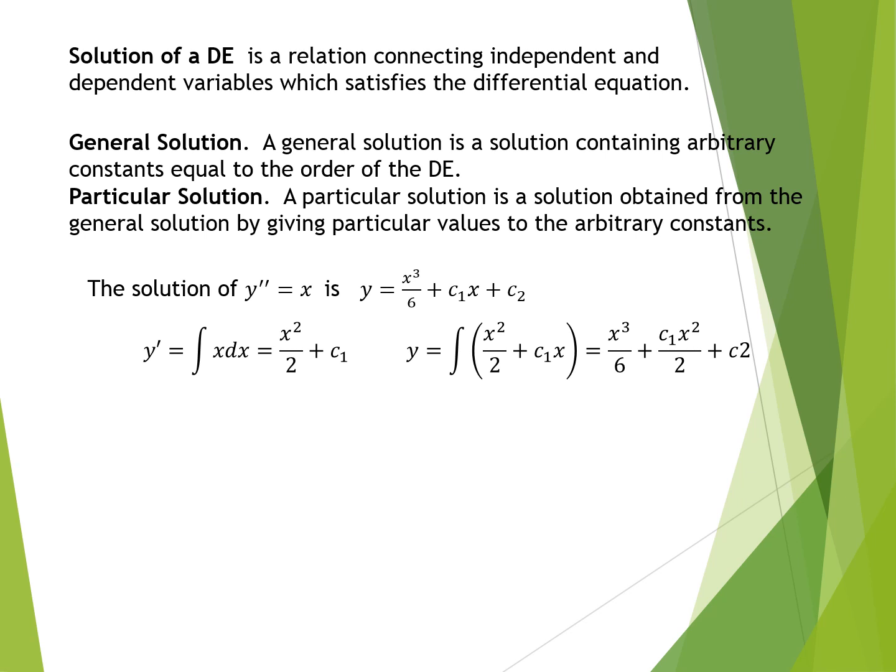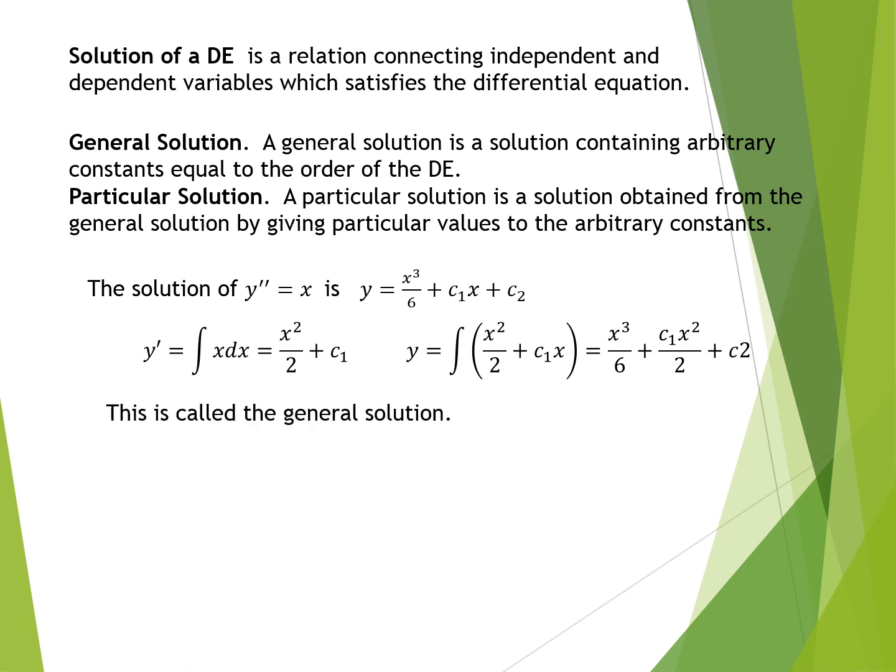Notice that c1 and c2 are arbitrary here, and since this is second order, expect that there will be two arbitrary constants. This solution is actually a function, as defined here, connecting independent and dependent variables. The dependent variable here is y, and it connects with x, representing a function.